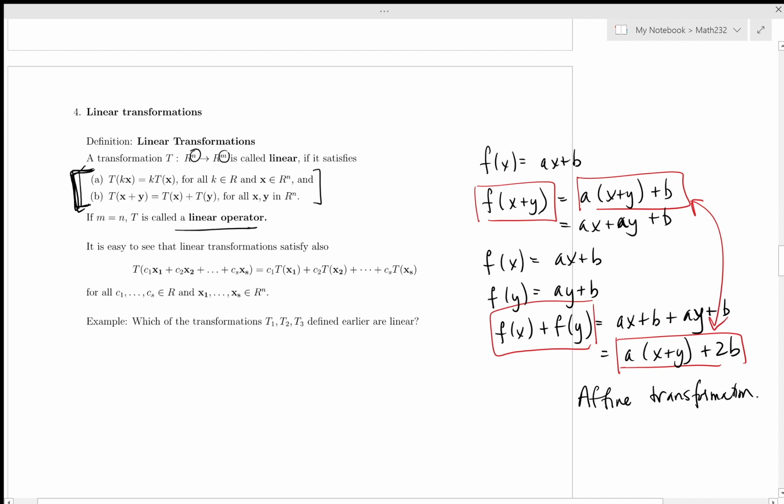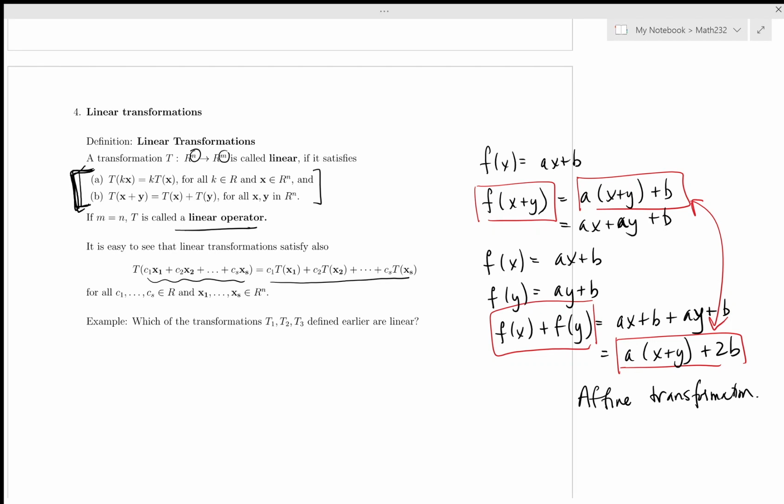Okay, so we can see then, by combining these two ideas, that if you operate a linear transformation on a linear combination of vectors, you can separate everything out all nicely. So that is the same as operating on each one of the vectors independently, then multiplying by those scalar constants, and then adding.